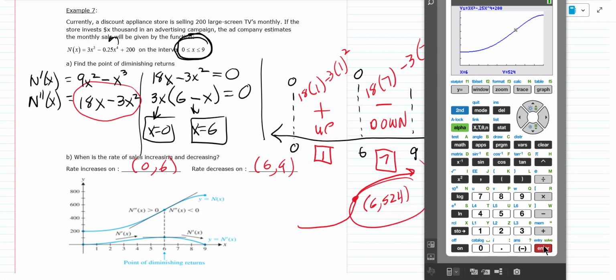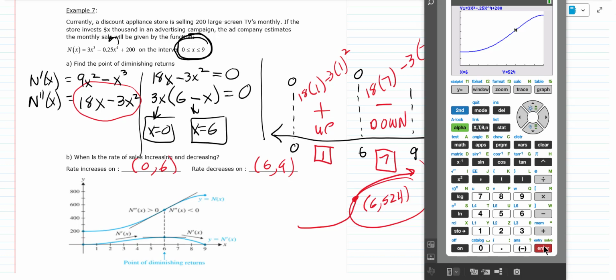In the context of this problem, it's kind of like your advertising. You put $1,000, $2,000. When you put $6,000 into advertising, this is the number of televisions that you sell according to the problem. So that's just where the tangent line gets bigger, the rate of increase is getting bigger, then it slows down.